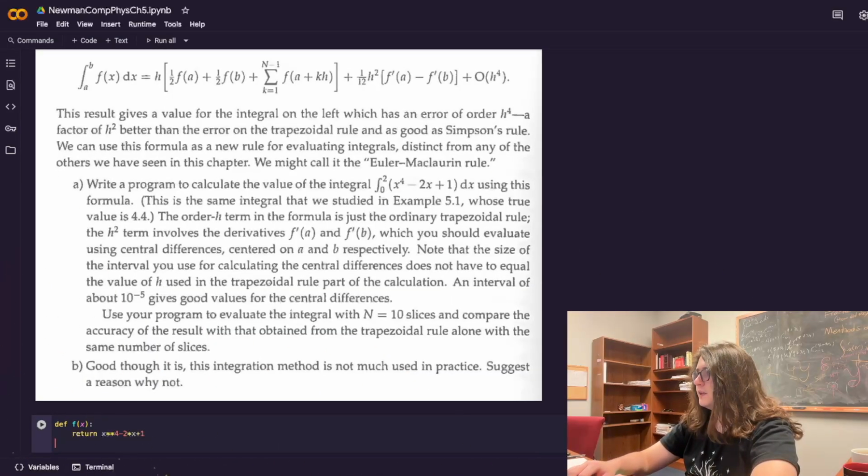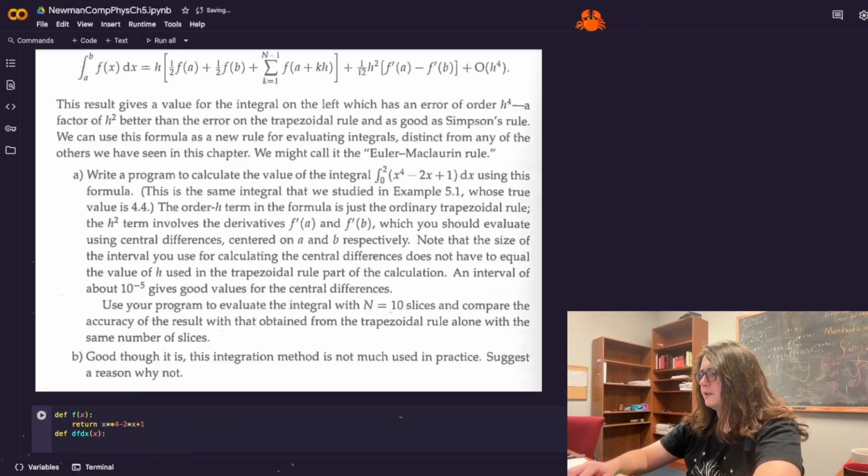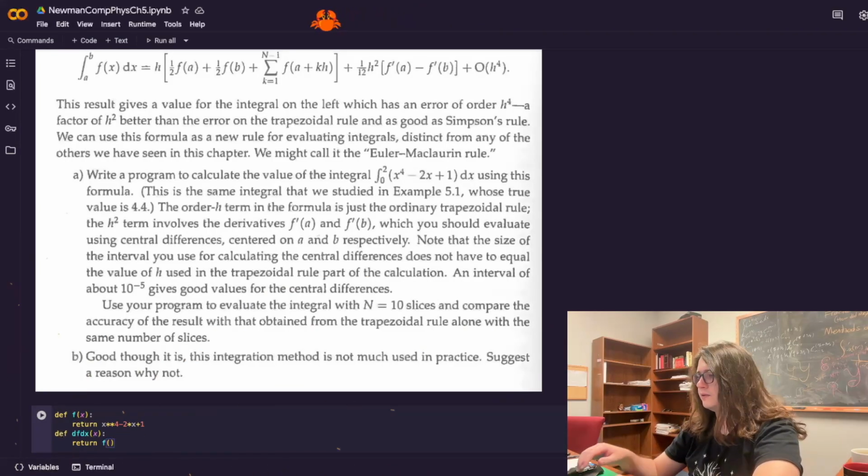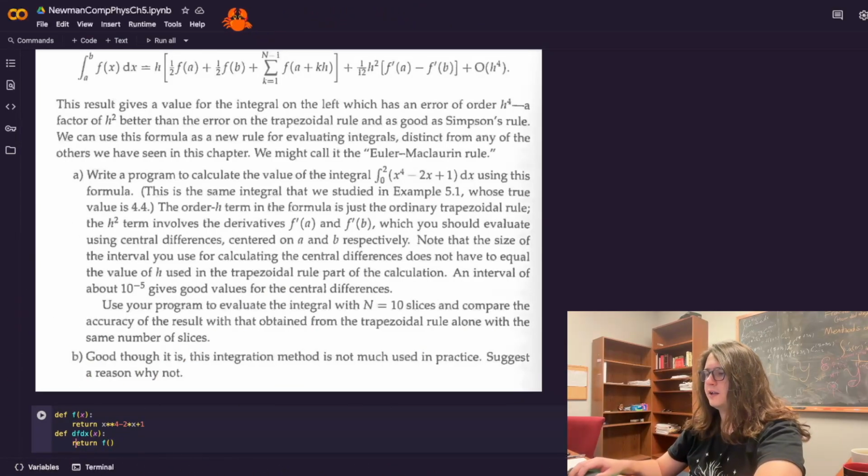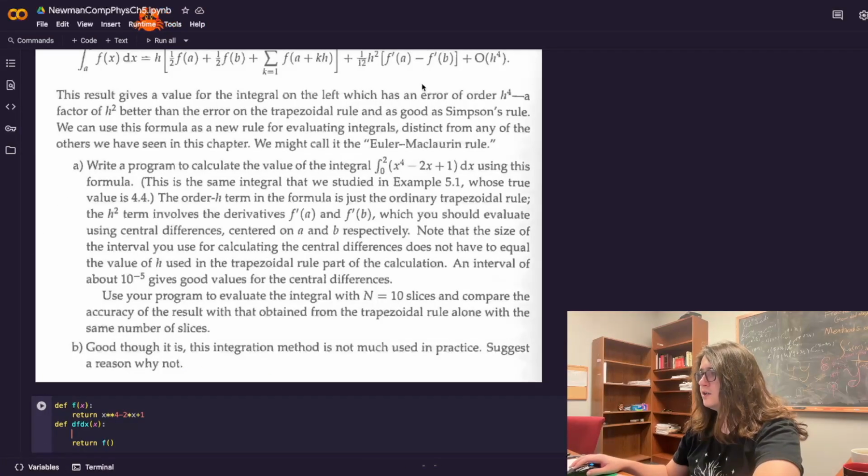Right? And then we can also define the derivative. That's going to be a thing that we need. Just by doing the central difference version of the definition of the derivative. So that's going to be f of, we need to define an h term to vary the derivative.